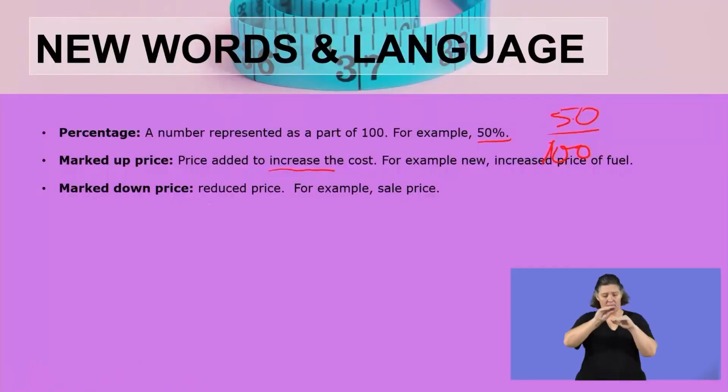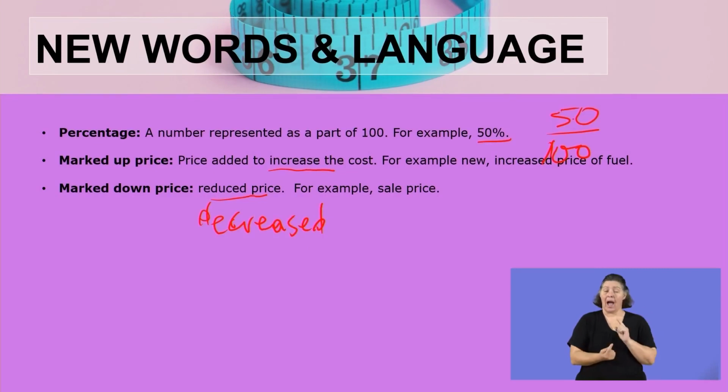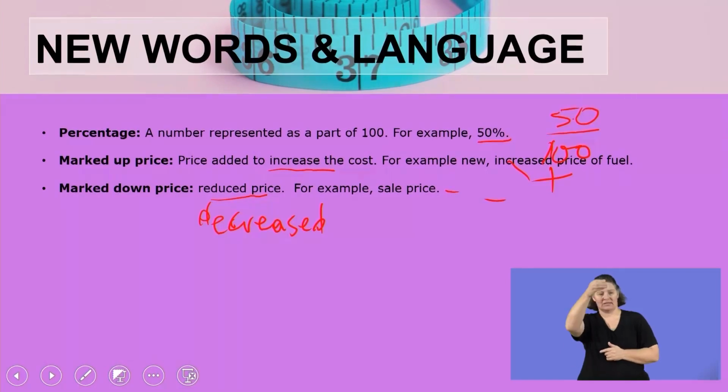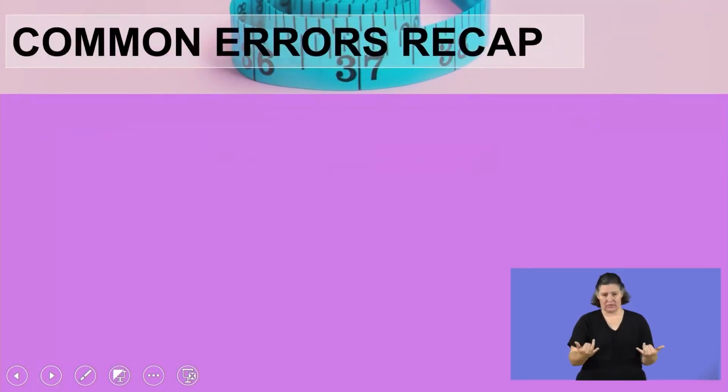The next one is marked down price. We said the markdown price is when the price is reduced or decreased, therefore we are going to subtract. So with markup, we add. With markdown, we subtract. So these are the concepts that I just introduced today.